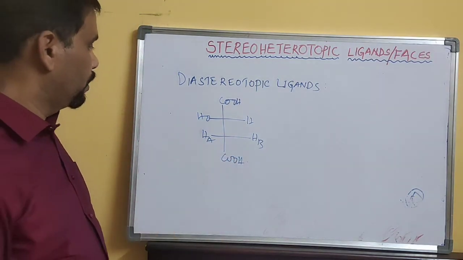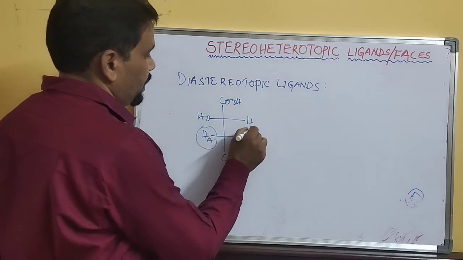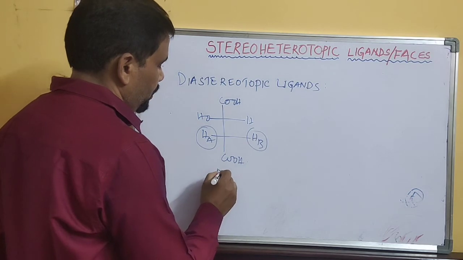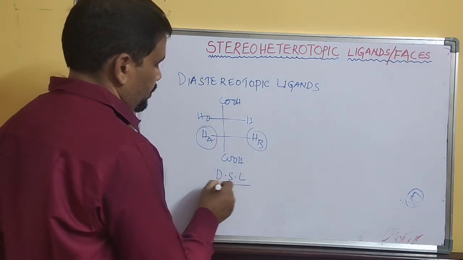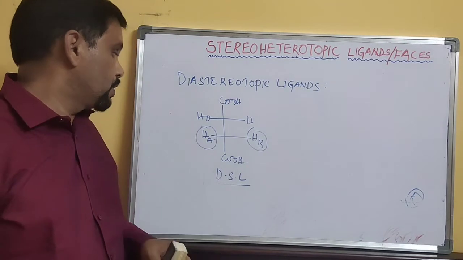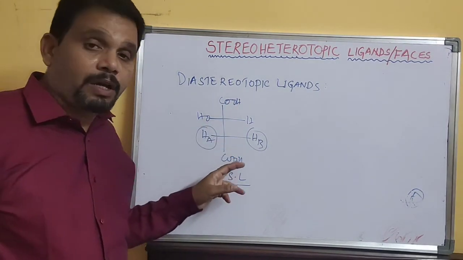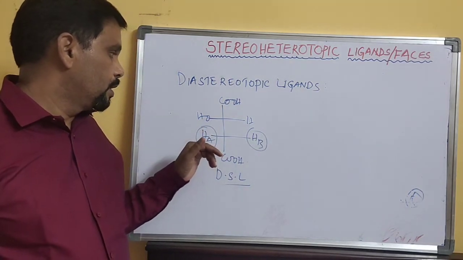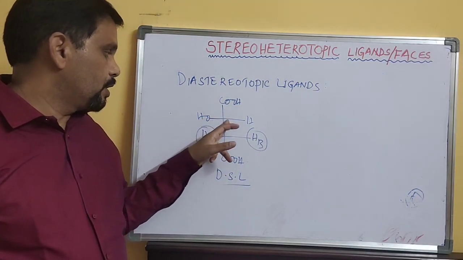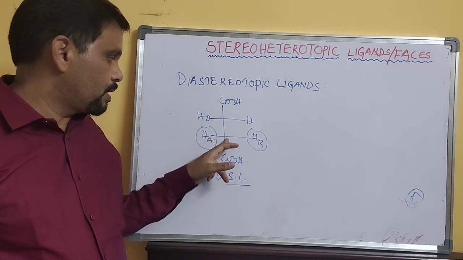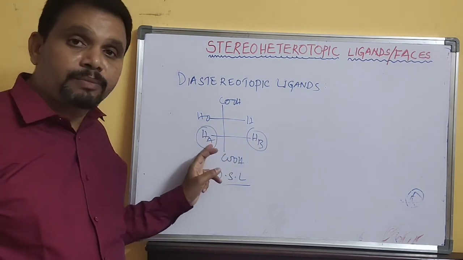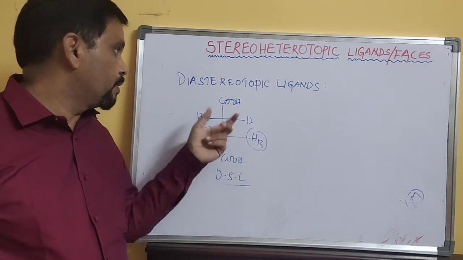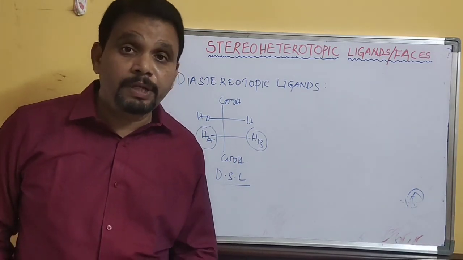In this molecule, HA and HB can be considered diastereotopic ligands because there is no symmetry at all. And the other thing, this chiral center is directly attached to the atom which has two identical subunits. Therefore, these two subunits or atoms or groups can be considered diastereotopic ligands.